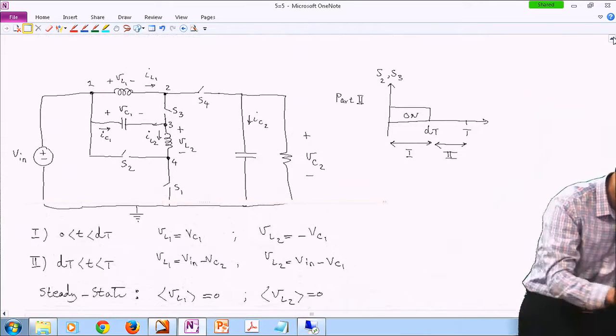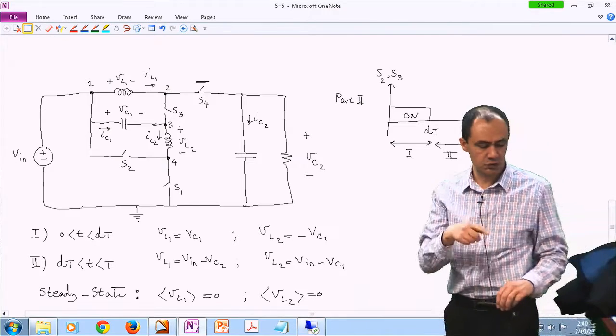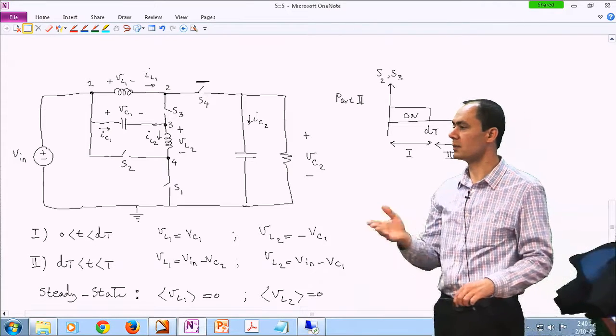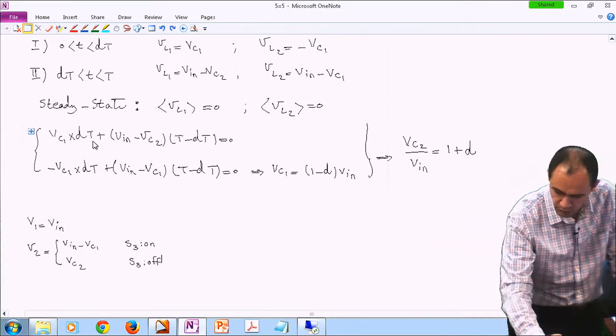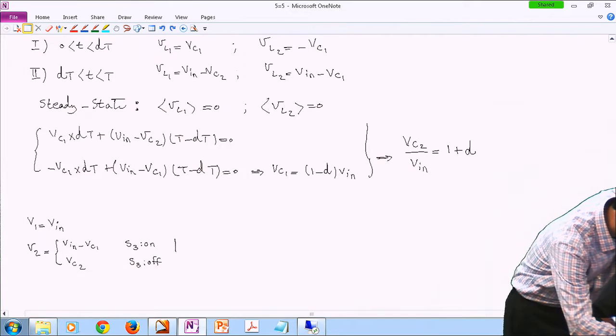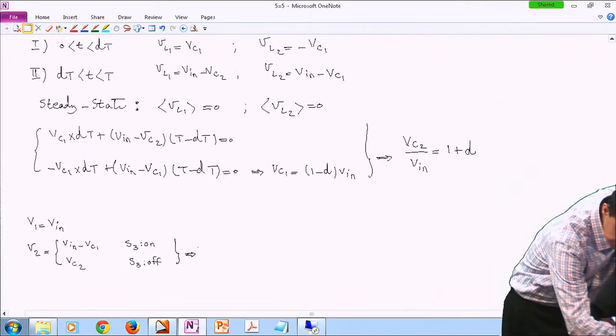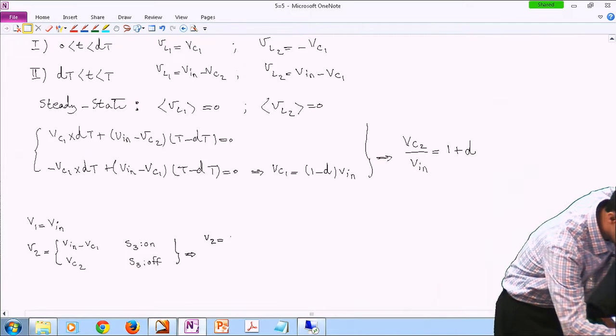If S3 is off, that means S4 is on. And if S4 is on, node 2 is shorted to the ground, or connected to the ground through capacitor C2, so it's VC2. All right, so I can write it in this way. Mathematically, I can write it in this way.